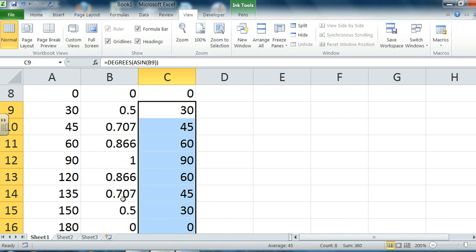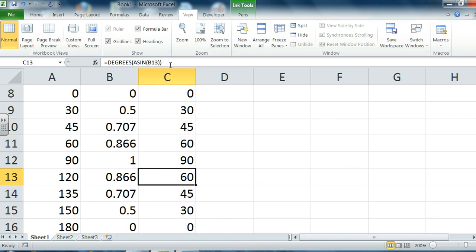So if I have something that I know is in the second quadrant, then I'm going to have to put in 180 minus the reference angle, which is what the arc function is giving to me. Copy, paste.